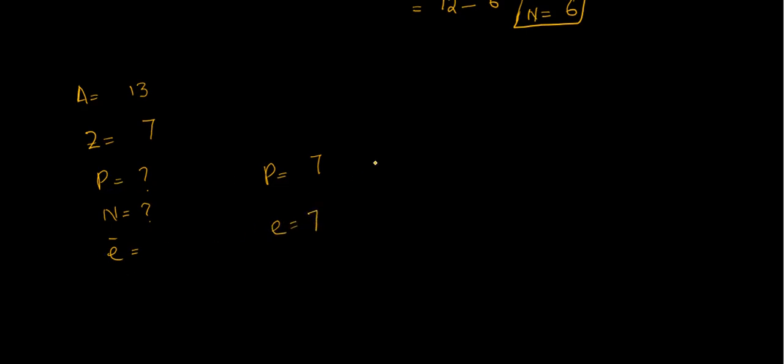For the number of neutrons, we know that A is equal to P plus N, so N will be equal to A minus P. So A is 13 minus P which is 7, so it will be equal to 6.